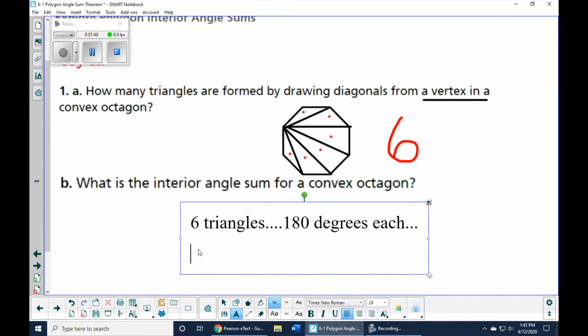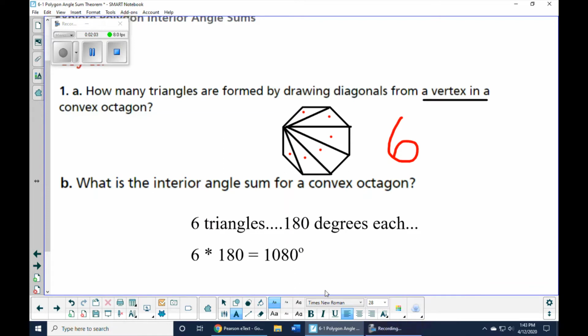So we're going to do 6 times 180, and that comes out to equal 1,080 degrees. That is our final answer right there.